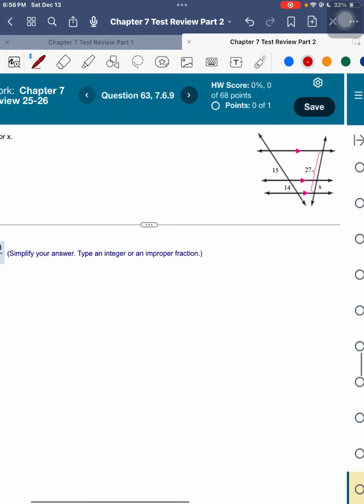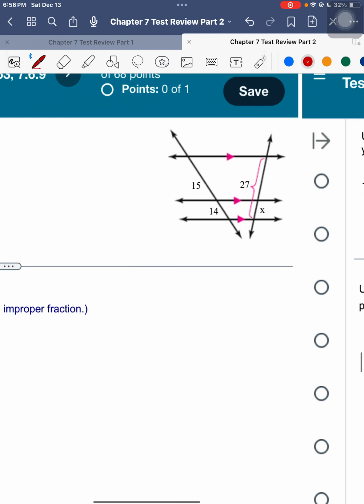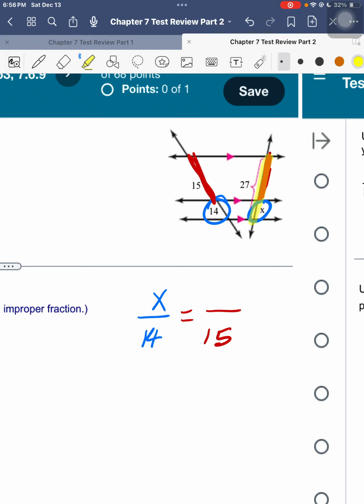Now, this one's a little bit trickier, right? They want me to solve for x. So I always like to put my x first. So I'm going to say that x is corresponding to 14. Now, I know that this side right here is corresponding to 15. So I know something's corresponding to 15. I just don't know what this is, because the only thing I do know is that this entire thing is 27.